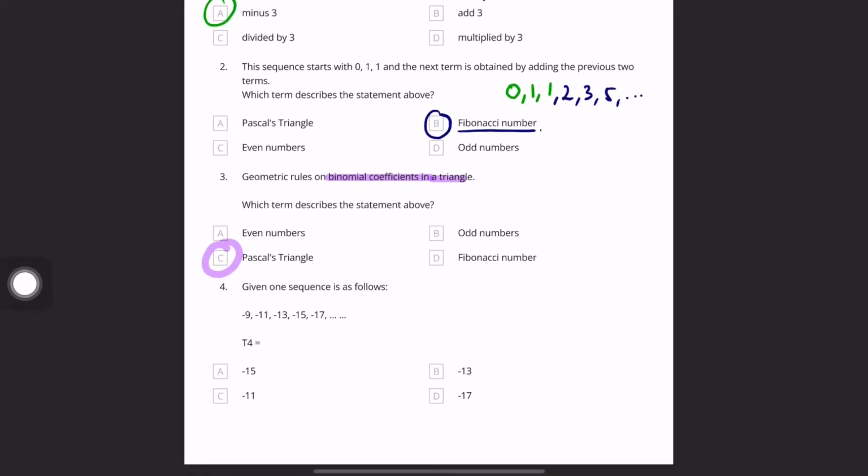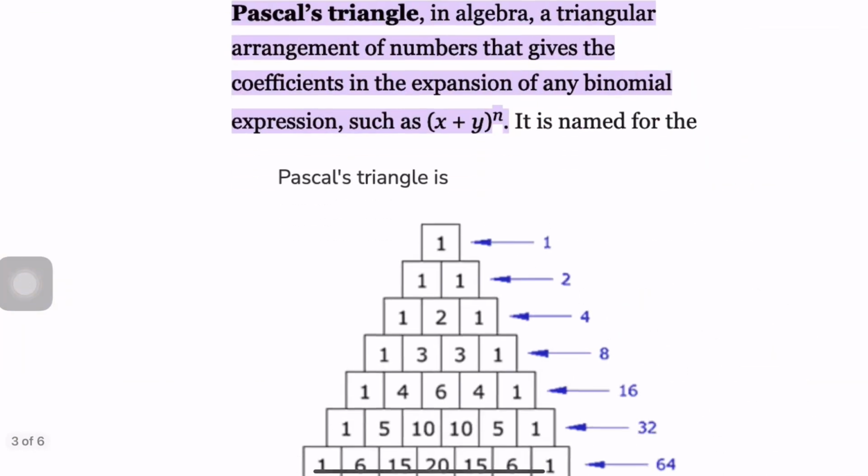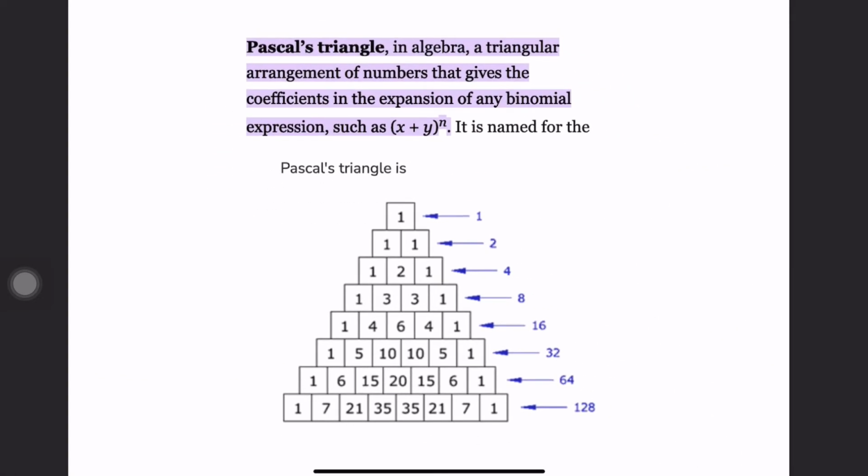So what is a Pascal triangle? In algebra, it is a triangular arrangement of numbers that gives the coefficients in the expansion of any binomial expression. So this is what we call Pascal triangle.